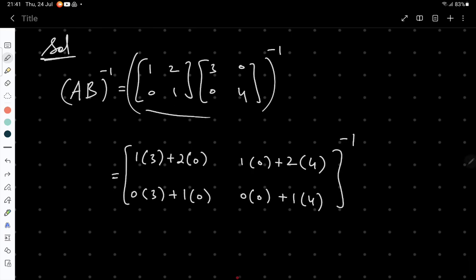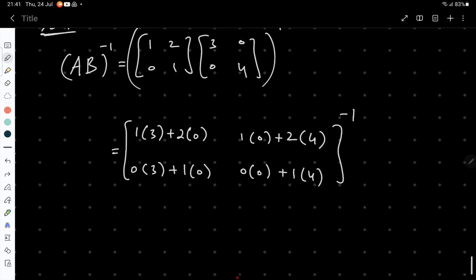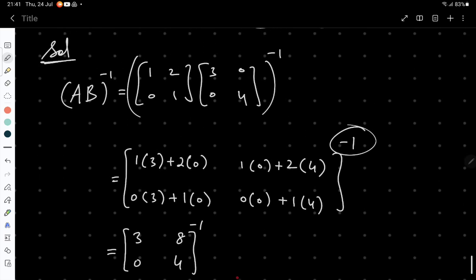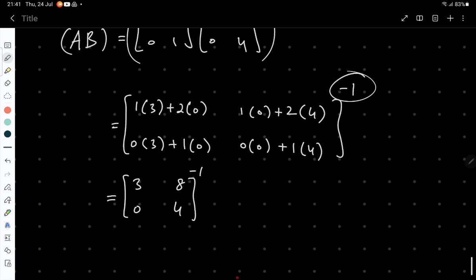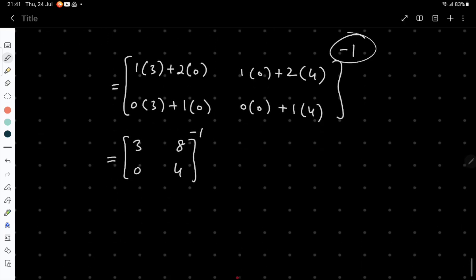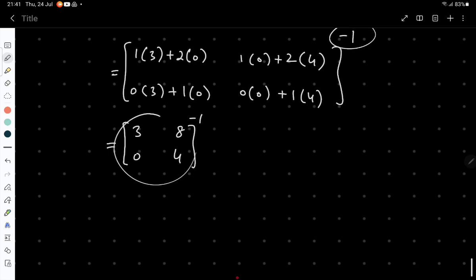So I have multiplied these two matrices and did nothing with the inverse. Now I will simplify. I get this matrix, but I will do nothing with the inverse. Until now we have just multiplied the matrices inside. Now our aim is to take the inverse of this matrix. How to take the inverse of the matrix? We have the formula.